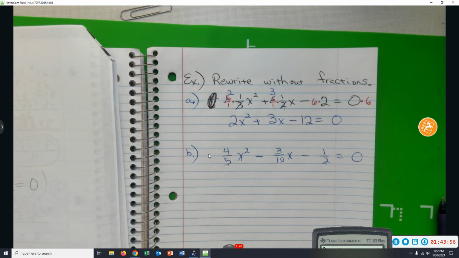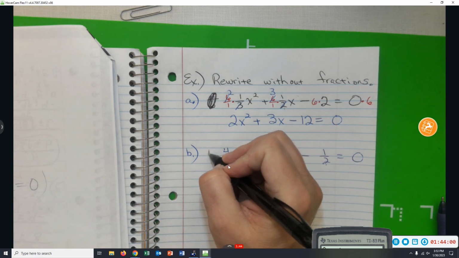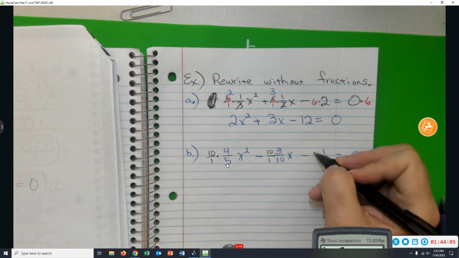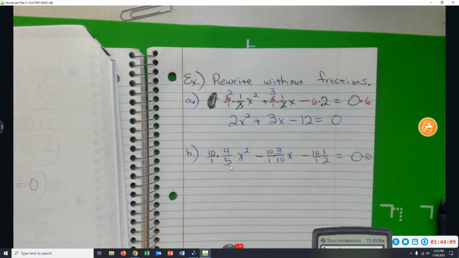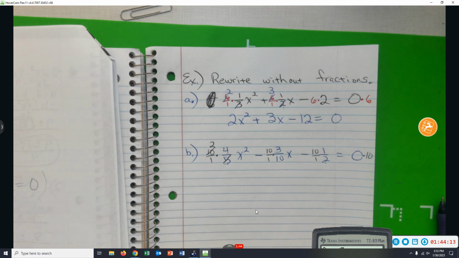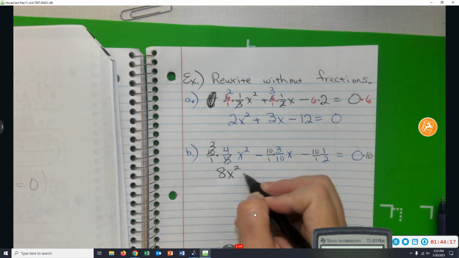10? Did I hear 10? Will 10 cancel with every one of these denominators? If 10 is the correct one, then every denominator should cancel out. 5 goes into 10 2 times. 2 times 4, that's an 8x squared.